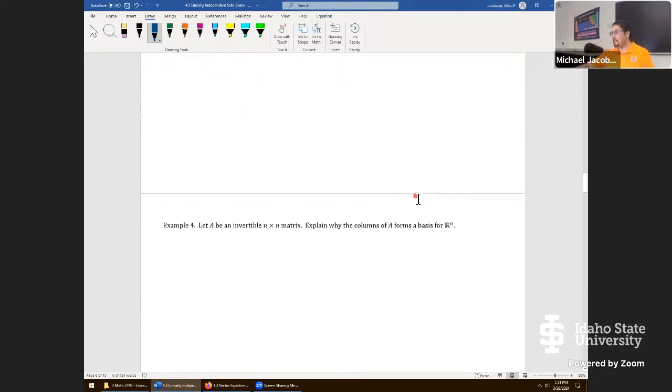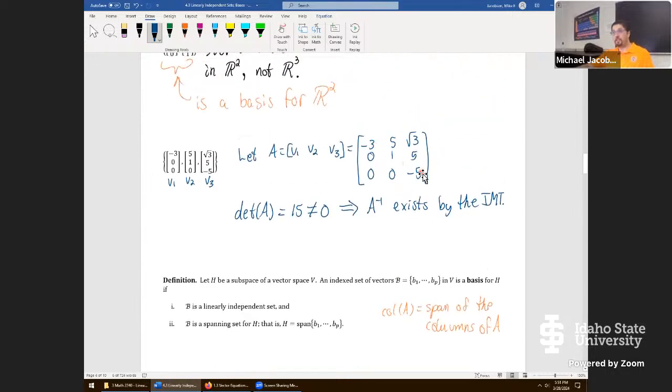You might have just said, it's an echelon form. There are 3 pivots. By the invertible matrix theorem, this set forms a basis. So let's say it here. The set forms a basis for R3, again, using the invertible matrix theorem.